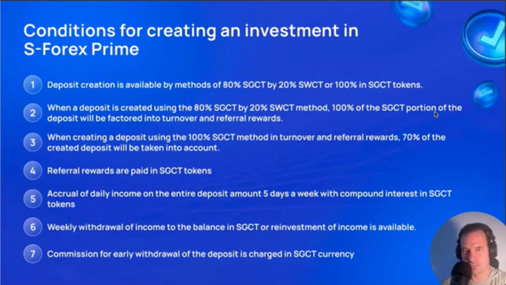Number 2, when a deposit is created using the 80% SGCT / 20% SWCT method, 100% of the SGCT portion of the deposit will be factored into the team turnover and referral rewards. Number 3, when creating a deposit using the 100% SGCT method, in turnover and referral rewards, 70% of the created deposit will be taken into account.